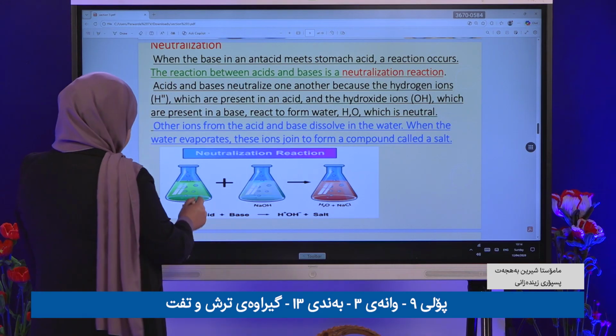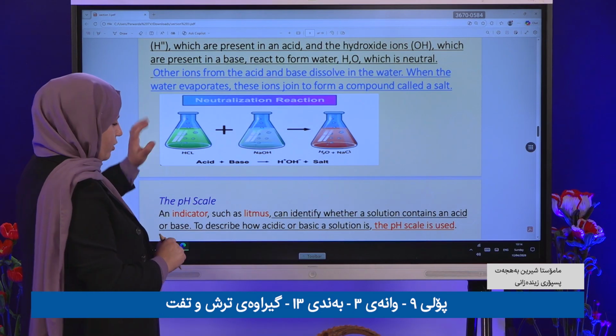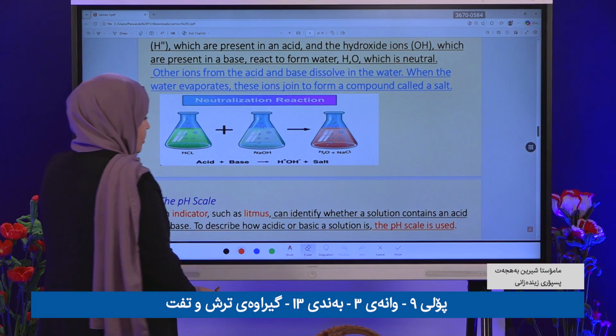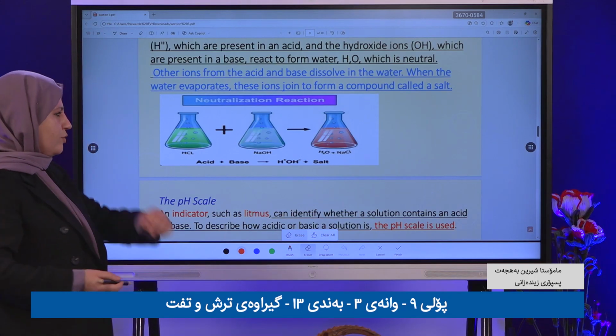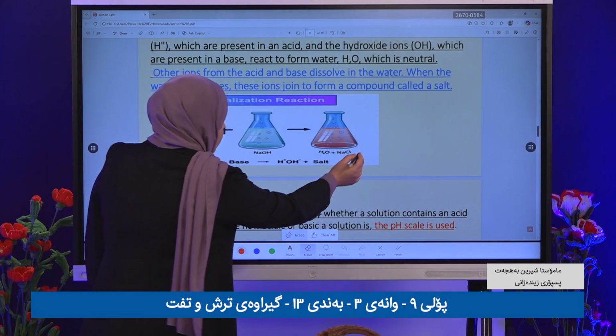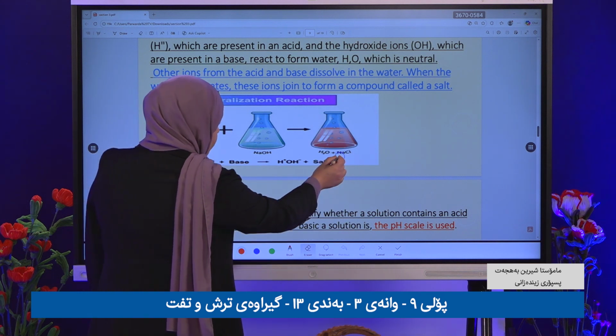So, hydrochloric acid, which is present in your stomach, is a strong acid, okay? And you take a weak base, for example, sodium hydroxide. At the end, they form what?